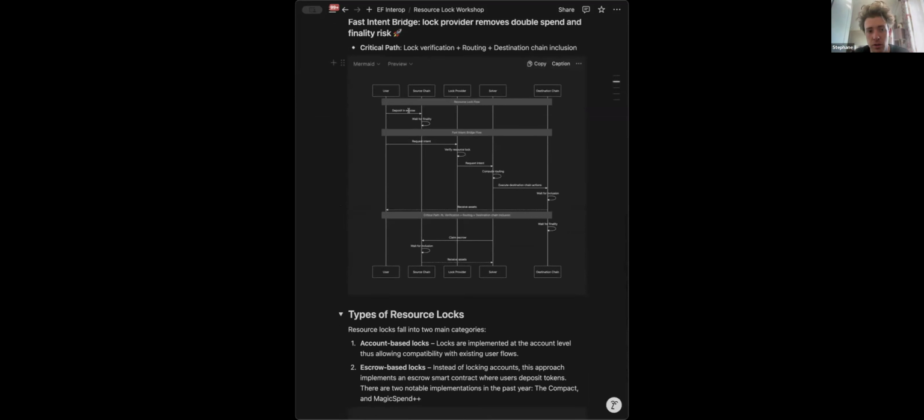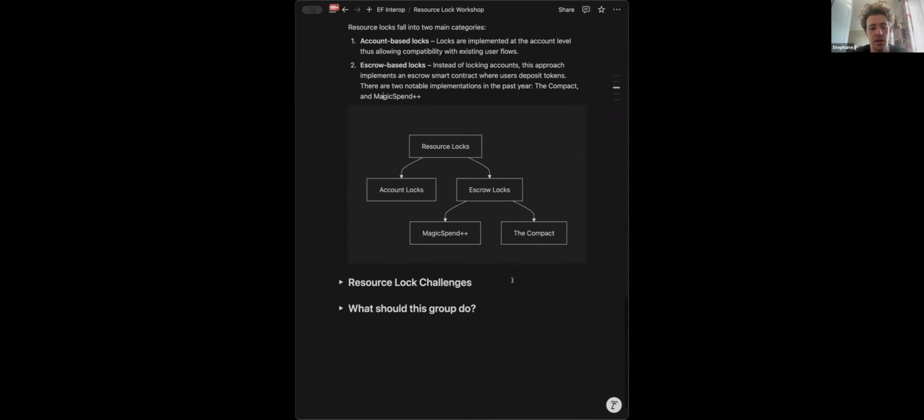So they are both just covering the top piece here of the sequence diagram, and then the rest is all the traditional intent flow. So long as these solver networks implement compatibility for resource locks, then it's happy days, and you get the UX benefit across the ecosystem.